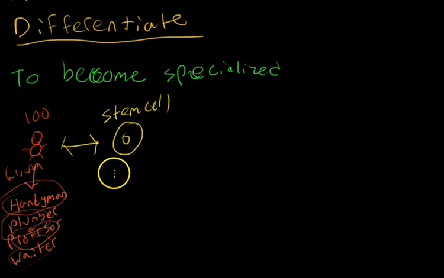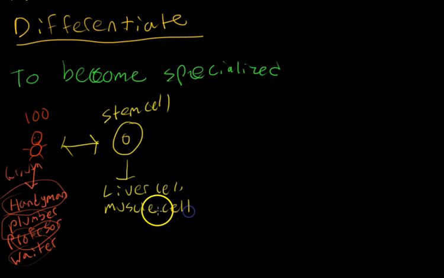And then the stem cell, you can think of it as a little baby. It can specialize to become a liver cell, a muscle cell, I don't know, like a kidney cell. There's tons of different cells it can become, and it specializes, and then there you go.